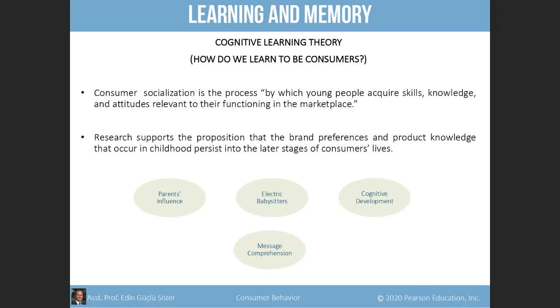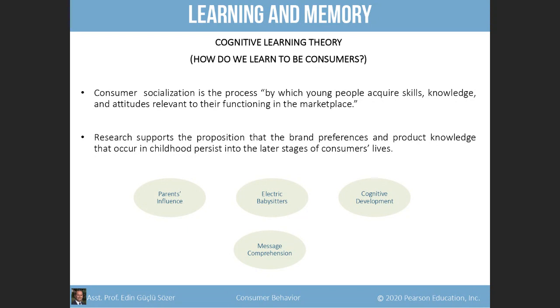As we grow up and become older and older, first we are babies, then children, then teenagers, then young people, till we reach the young ages, we learn how to become a consumer.